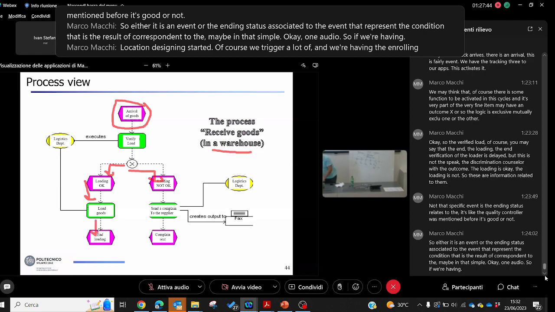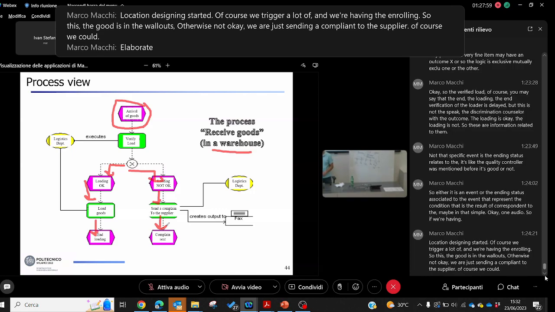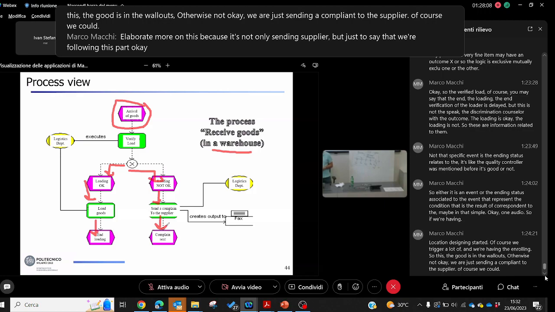So the good is in the warehouse. Otherwise, not okay. We are just sending a complaint to the supplier. Of course, we could elaborate more on this because it's not only sending a complaint to the supplier, but just to say that we're following this path. Okay? So, more clear now?